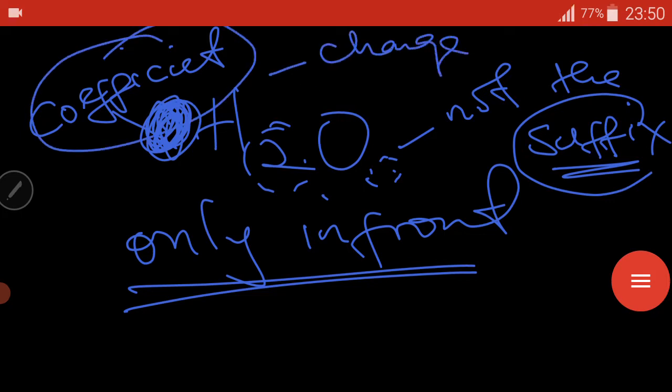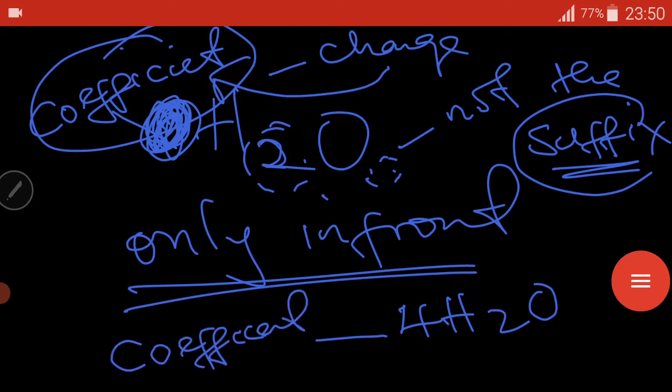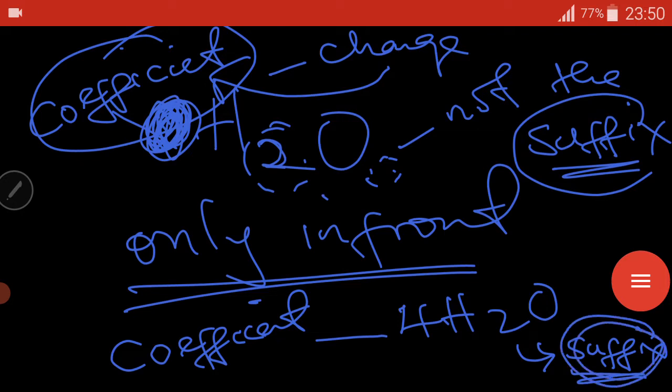In H2O, the 2 is the suffix. If you put a 4 in front, that one is a coefficient, and this 2 here is a suffix. This is why we say we can change the number of atoms and not the chemical formula.